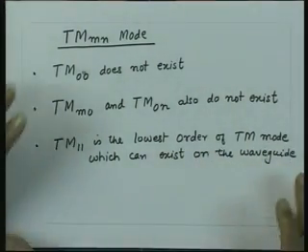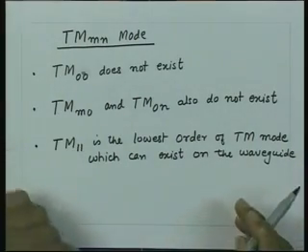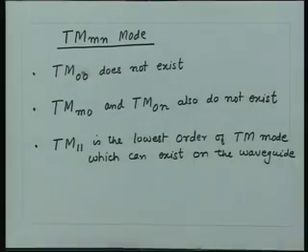So, by doing this general analysis, we come to the very important conclusion that if the TM mode has to be excited on a rectangular waveguide, the fields must vary in both the directions x and y, and that we can see physically as follows.